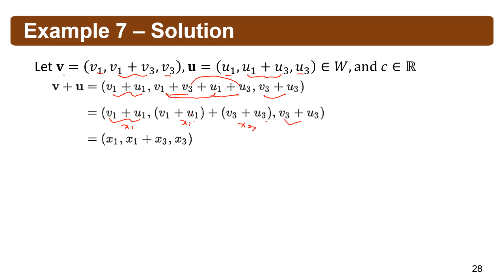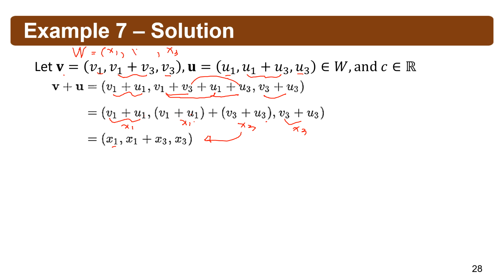So this is also x sub 3. So that is now in this form. Okay? So, the form of the vector given of the W is that we have the first component, and then the middle is the sum of the first and the third.